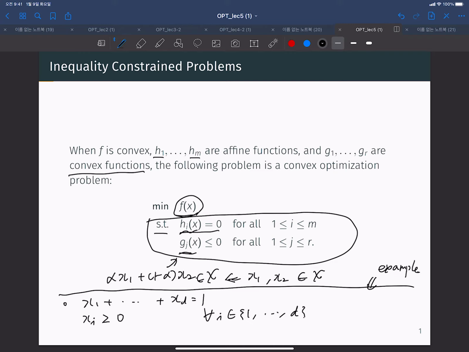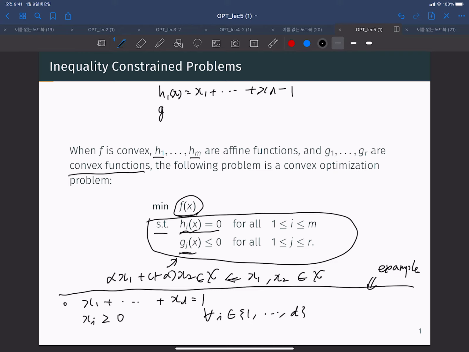Then with this probability vector, we want to minimize a convex objective function f. For this example, what is h? There is only a single h function, h1(x), which is x1 plus up to xd minus 1. So we have to satisfy h1(x) equal to 0, which means x1 plus x2 plus up to xd must be equal to 1.